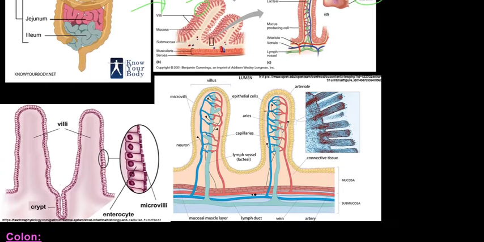But just so you have a general idea of what they look like, inside these villi, or a villus singular, you'll have capillary networks that will bring oxygenated blood to the villus and then take deoxygenated blood back.